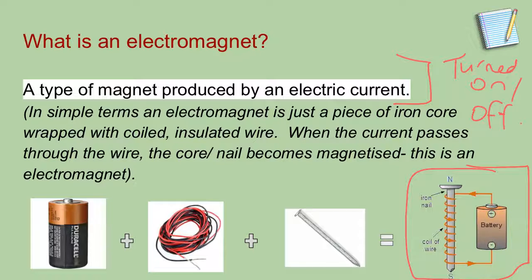When the current passes through the wire, the core, so in this case the nail, becomes magnetized, and this creates an electromagnet. Electromagnets can come in various forms, not just this simple form, but this is probably one of the most simplified ones. So copy that down and then keep going.